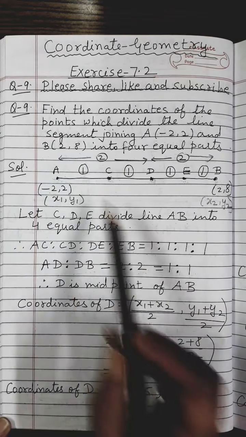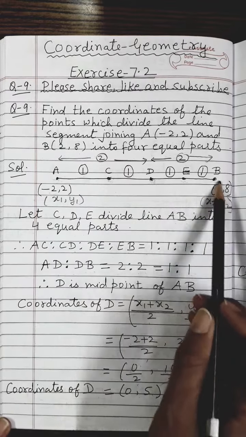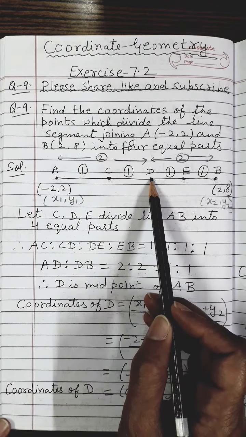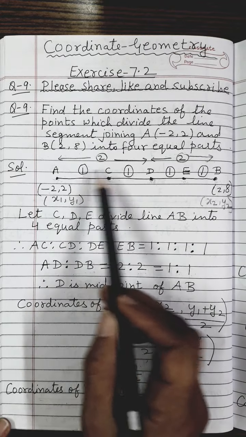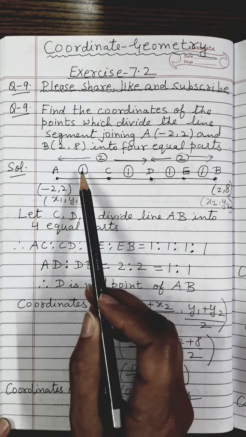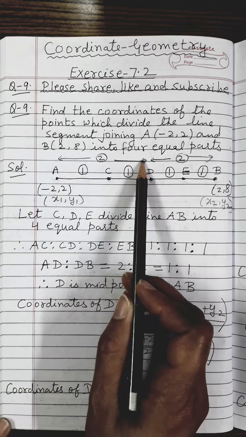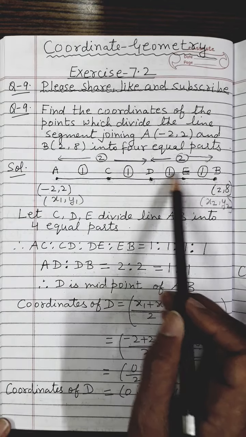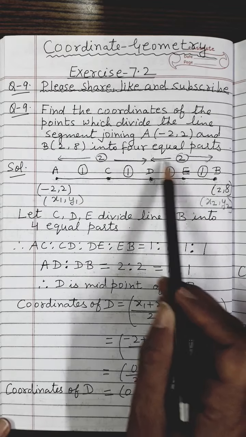Now if you look at AD to DB, if I consider point D, what do you see? This AD segment has 1 is to 1, so 1 plus 1 gives you 2. Similarly, if I come to the DB section, we have 1 is to 1, so 1 plus 1 gives you 2.